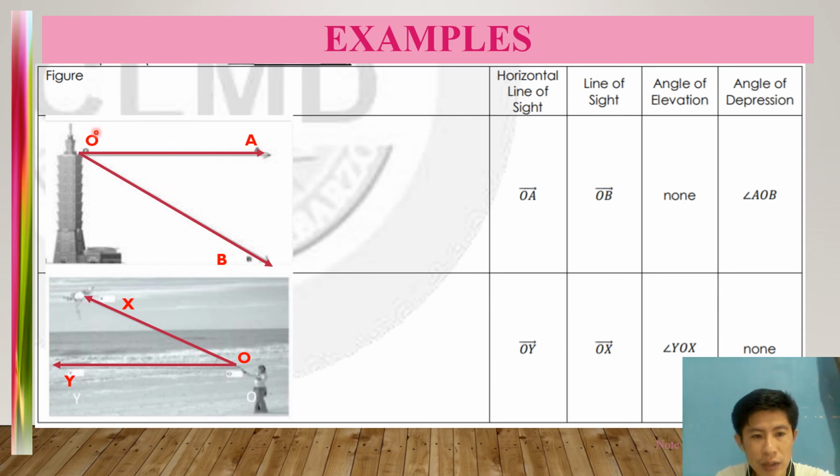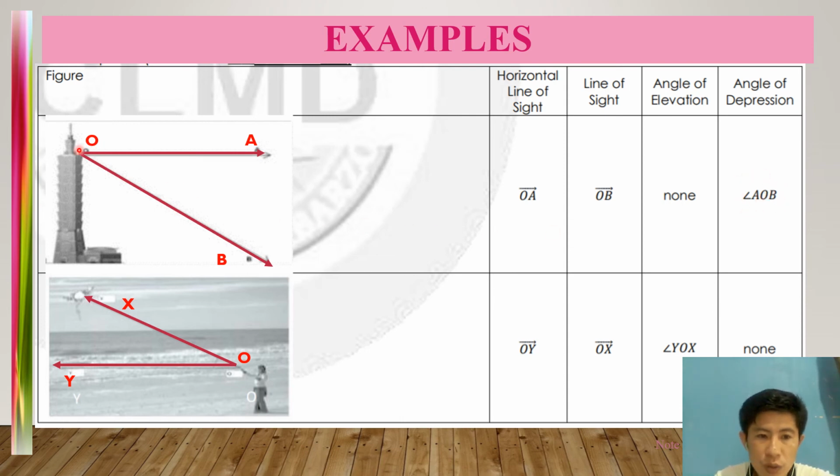Etong angle na to, ang tawag dyan ay, ayan, angle of depression. So, ang pangalan ng angle na yan is angle AOB. So, that is the angle of depression. Pwede rin siyang pangalanan as angle BOA. So, kahit alin sa dalawa, angle AOB or angle BOA. So, yan ang ilalagay natin sa angle of depression kasi nasa baba siya.